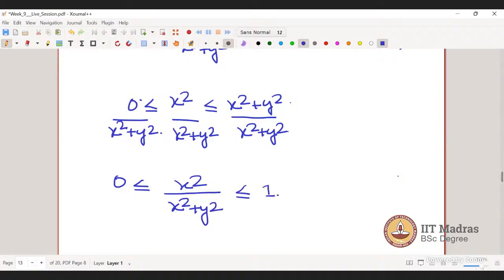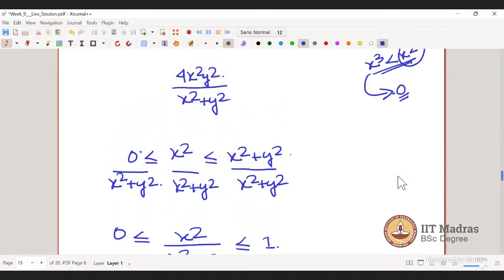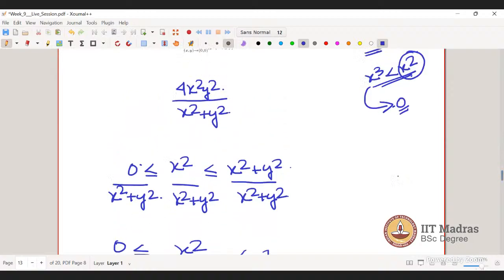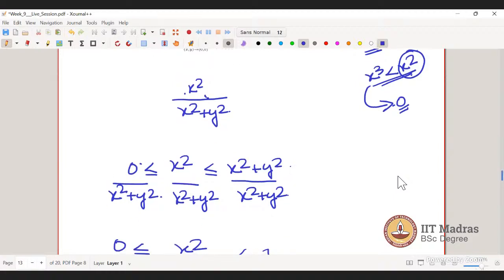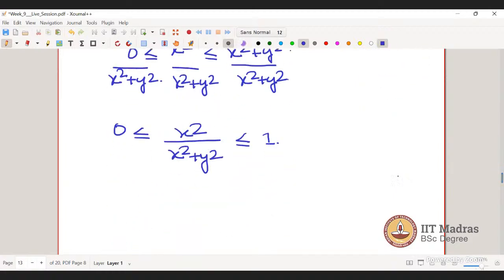But what I have is 4x square, so what I have to do now is multiply by 4y square. Again 4y square is also positive, so if I multiply on both sides, I'll get the same inequality.